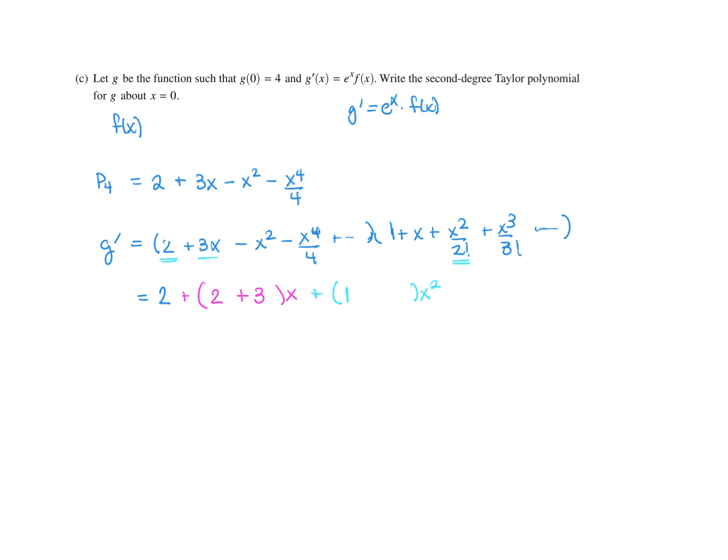If we take 3x and multiply it by x, you're going to get a quadratic. So plus 3. And then lastly, if I multiply minus x squared plus 1, I'm going to get a quadratic. So now we know our g prime is equal to 2 plus 5x plus 3x squared.